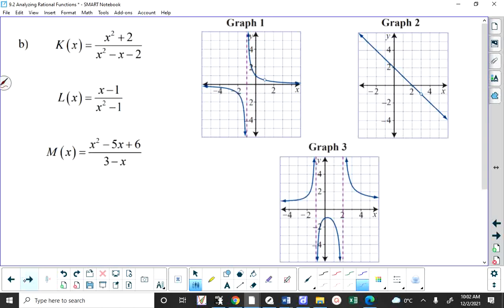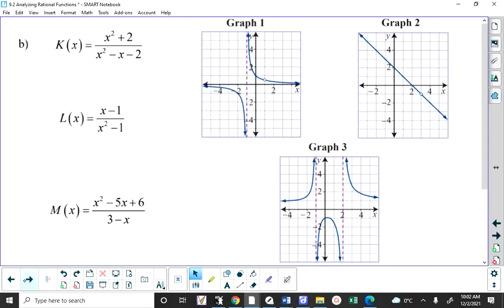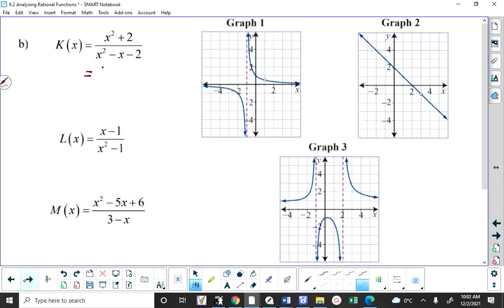So k of x is x squared plus 2 over x minus 2, x plus 1 is how the denominator factors. Well, that's got to be graph 3.